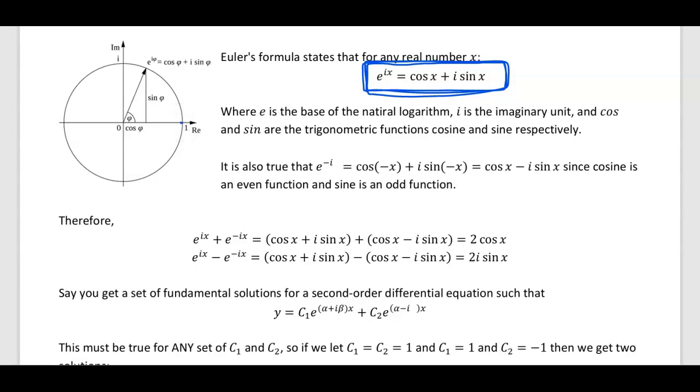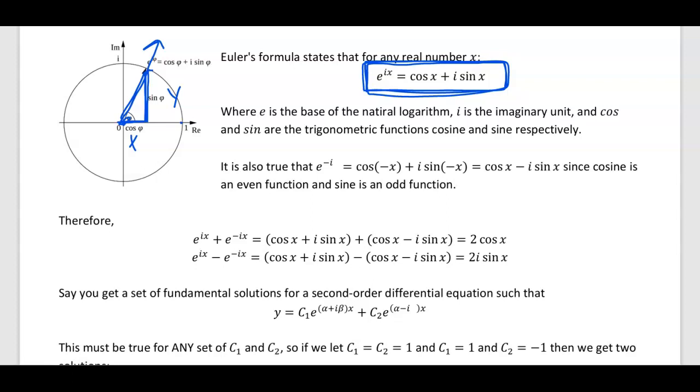Anywhere along this circle here, if you were to take a vector from 0 that's on the circle and drop that perpendicular to the real axis, we know from pre-cal that the x component is cosine and the y component is sine.